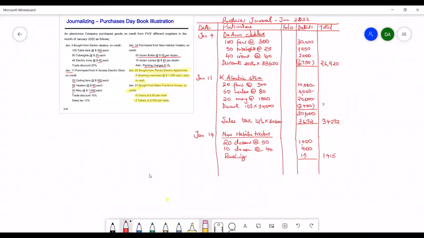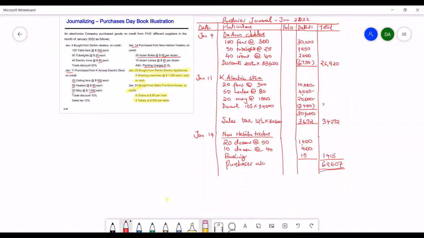Therefore, at this point, we need to determine the total for all the transactions, which equals 62,607. This 62,607 as the total should be transferred to the purchases account in the general ledger.